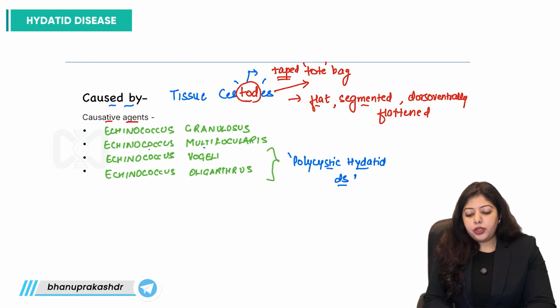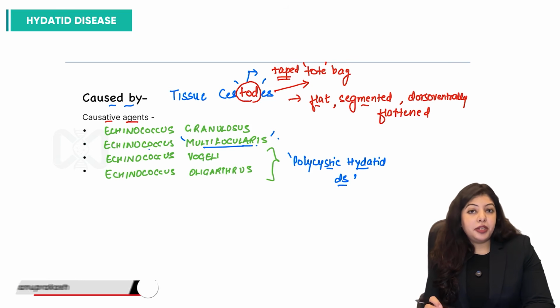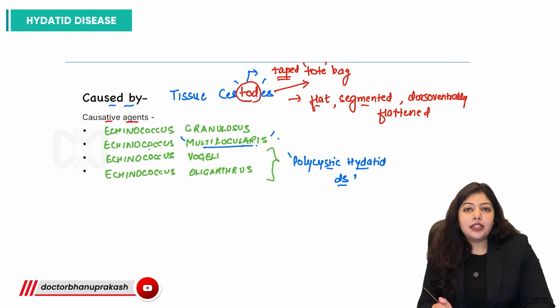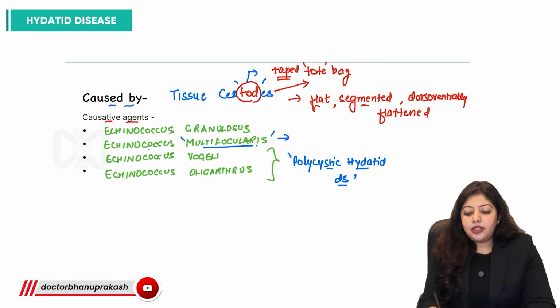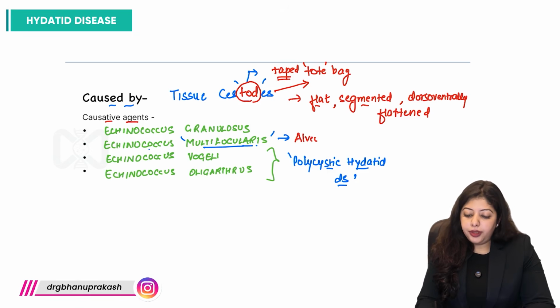Now Echinococcus multilocularis, can you make out from the word multilocularis, multiple locules or multiple cavities, just like it is found in the alveoli of the lungs, right? So it has derived its name from multilocular or alveoli, and the disease which it is responsible for is alveolar echinococcosis.